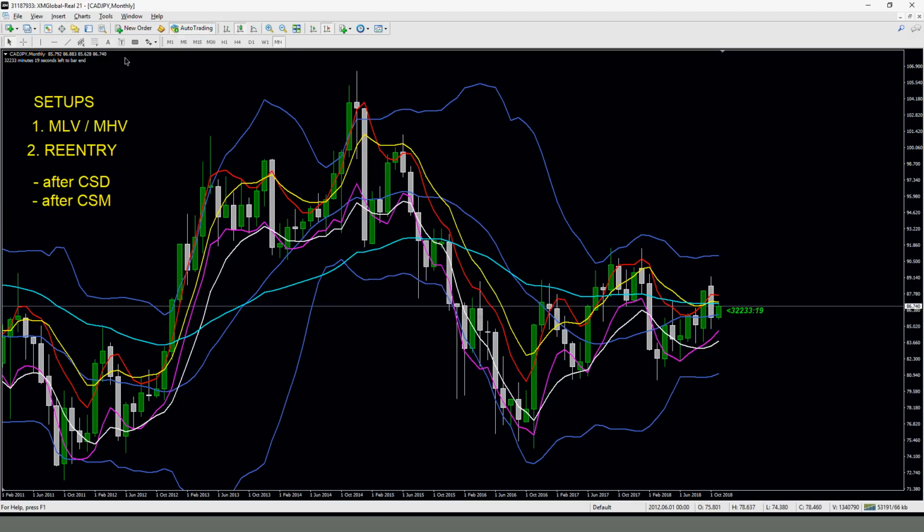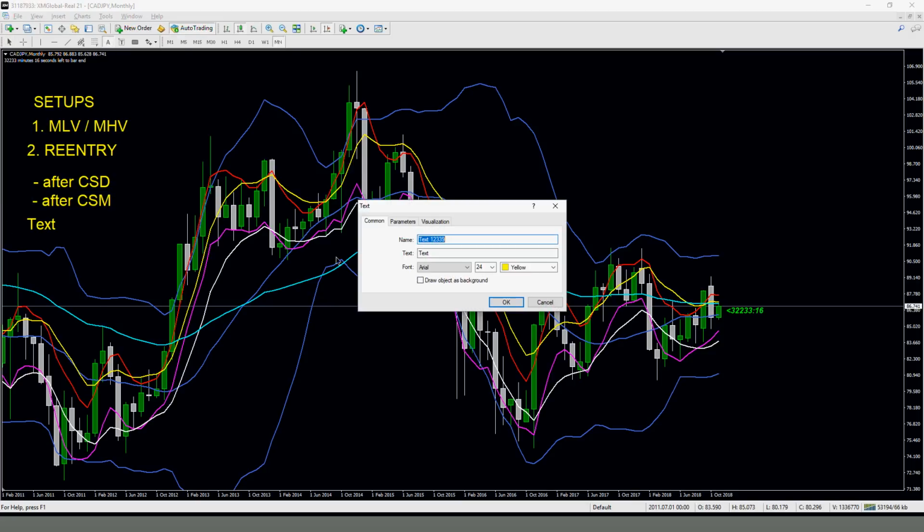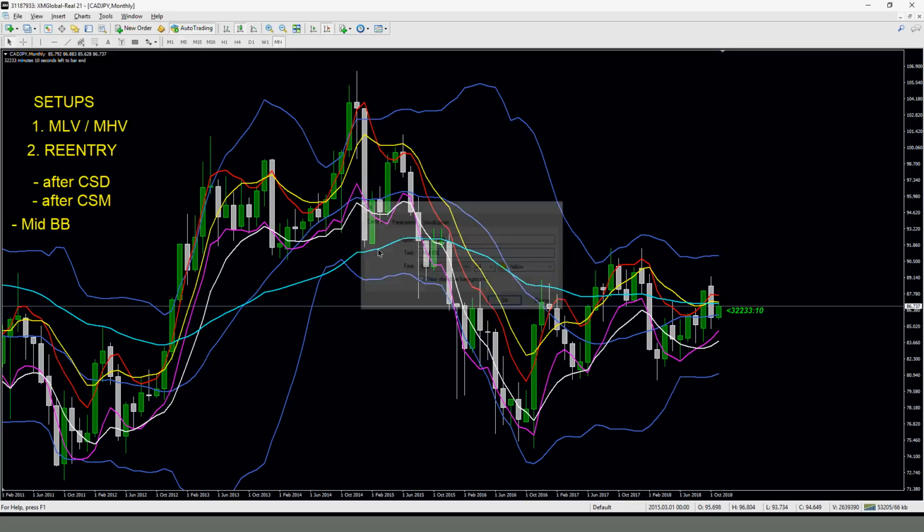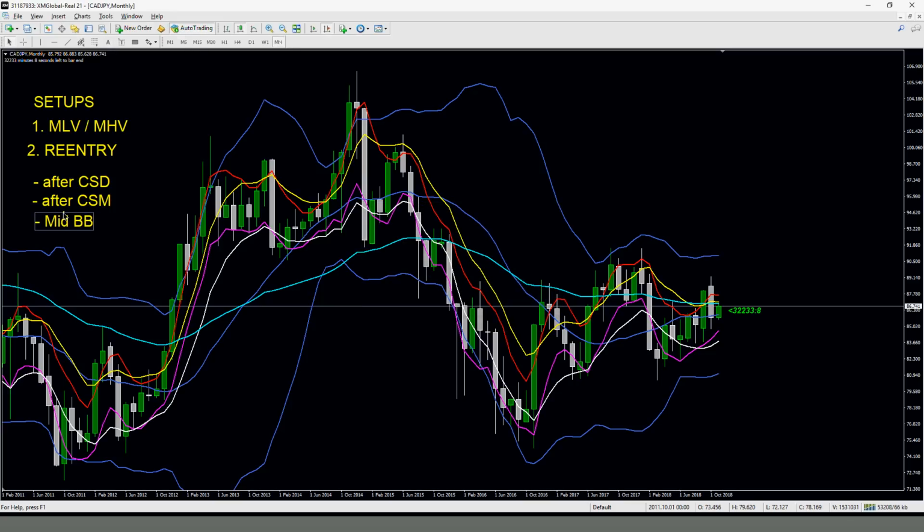And the third one is the re-entry at mid BB. So these are the 3 types of re-entries that I'm familiar with, and that's what I'm trying to share with you all tonight. I'm just going to run through each setup so you would pretty much understand how it works.